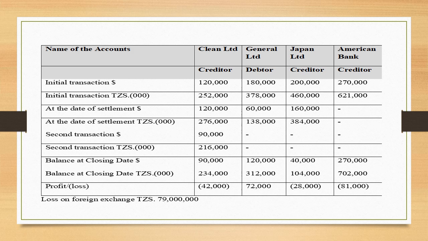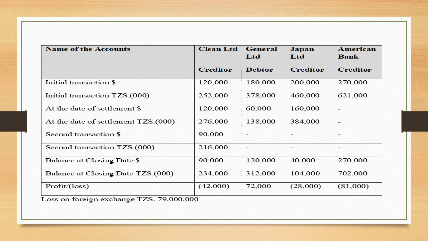But again, for Japan Limited creditor, if you take 460 minus 384, and we also deduct 104, we end up with a loss of 28 million.